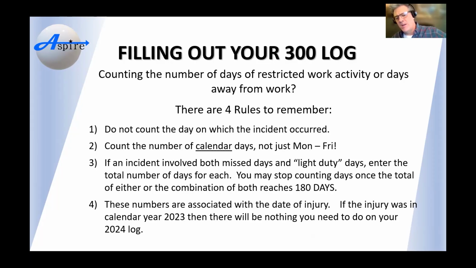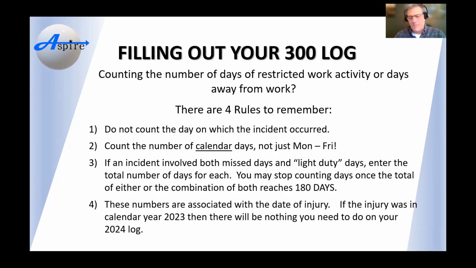Now, that brings up the question, well, what do I do when my summary is due? What do I do when I need to do the injury tracking application, do my electronic reporting? Just to the best of your ability. You don't need to speculate. You say, at this moment in time, when I'm posting my summary, this injury resulted in 3 weeks of missed work, and at this moment in time, 12 days of light duty, whatever it is.